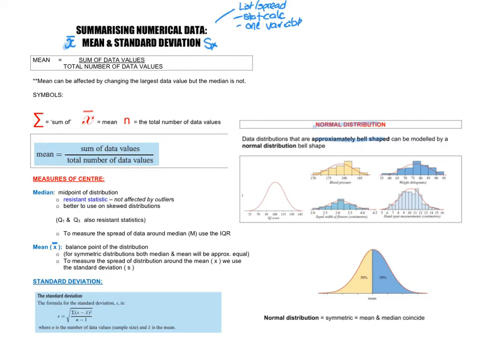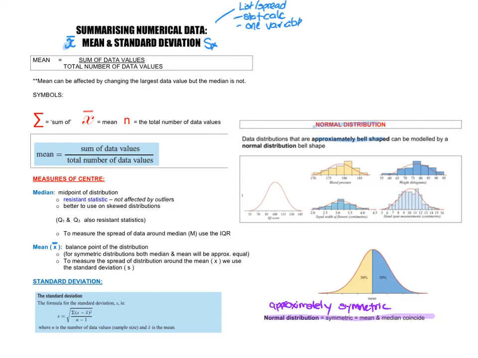As I said, they're always going to use words like normally distributed or approximately symmetric. You might want to write that down. That's a common phrase they use, approximately symmetric data. So when you see these words in the question, that means we're using the mean and standard deviation.